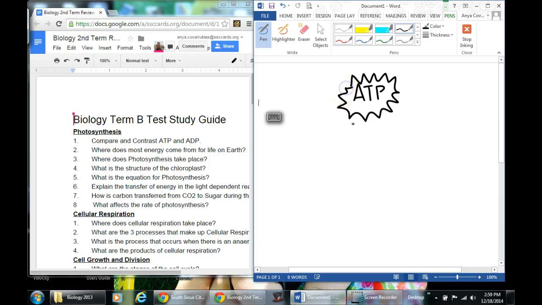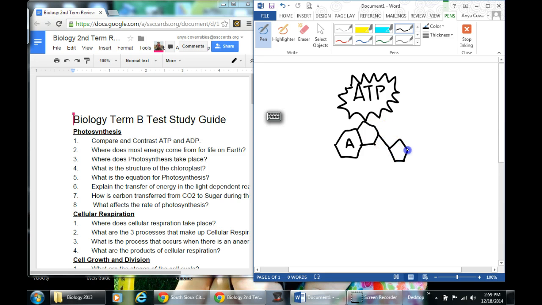And if you remember correctly, ATP is adenosine, which is similar to one of our nucleic acids, and then triphosphate. So triphosphate just means 3.